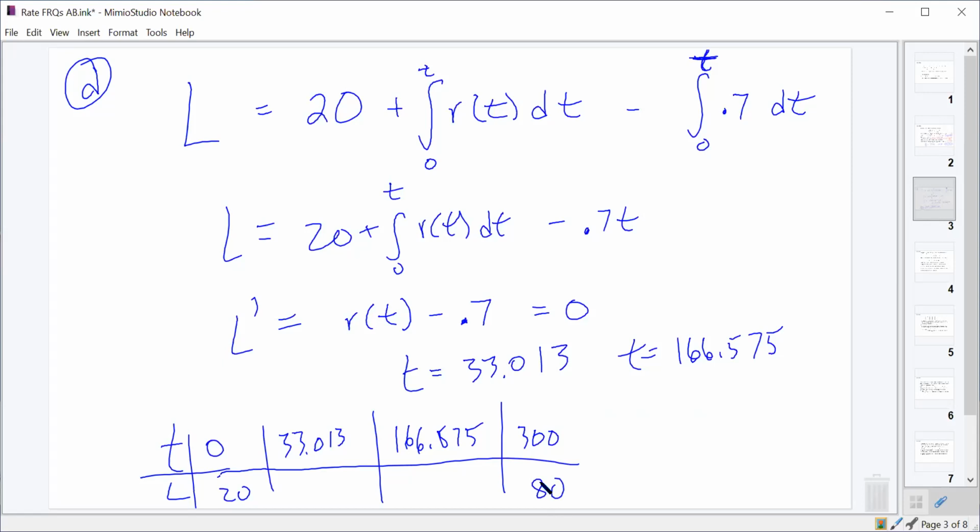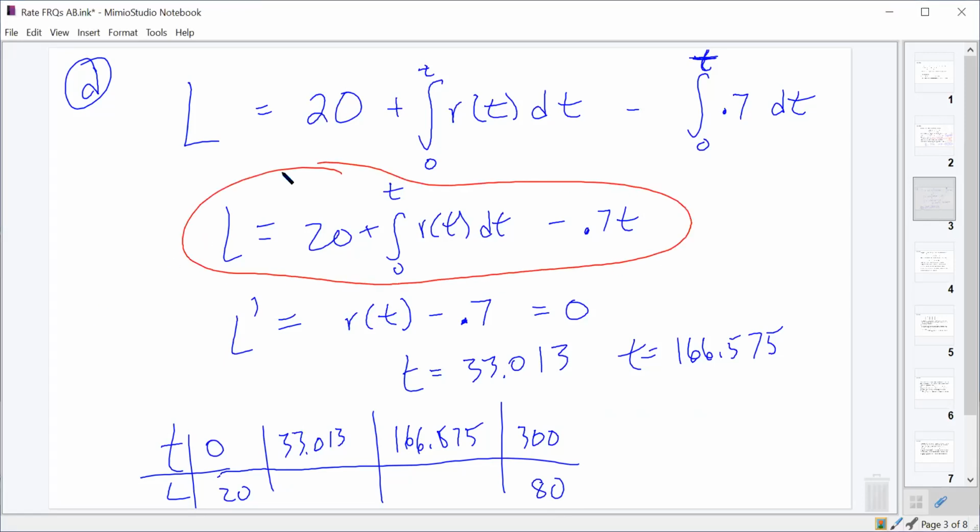So now we just need to plug in t equals 33 into our number of people in the line equation. If we do that, we get 3.803. And if we plugged 166 into our integral up there, we end up with 158.070.